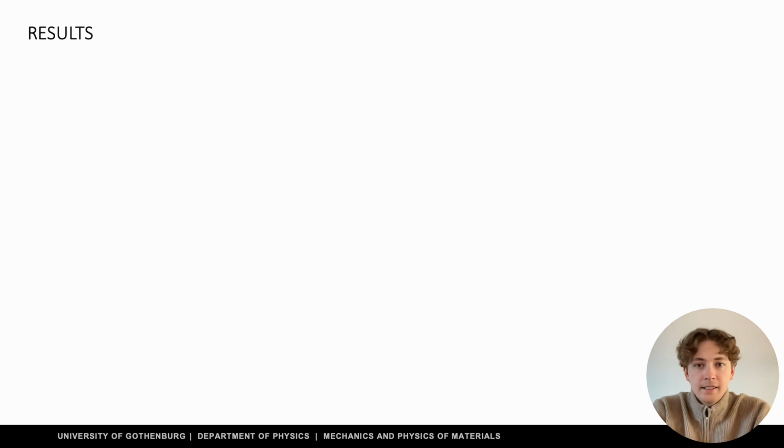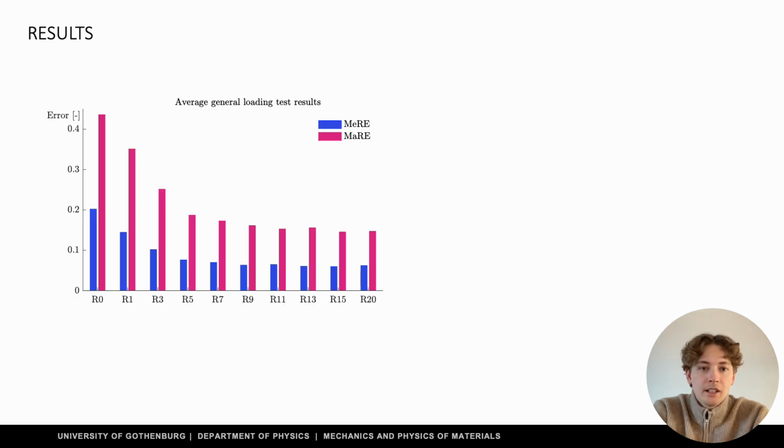Furthermore, we also tested this RNN on specific loading cases of various types of cyclic loading, and we observe a clear decrease in the error metrics. On the left-hand side, you see a bar chart again showing how the error decreases as we go from R0 to R20.